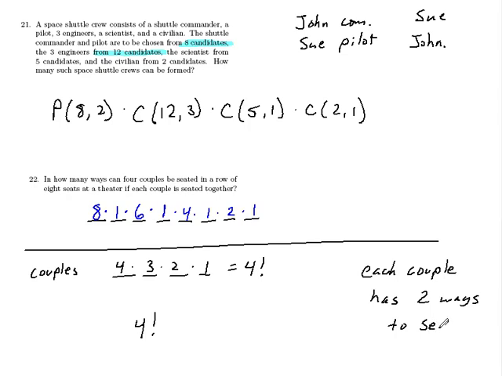So the first couple has 2 ways, so if you multiply by 2, that gets both ways that they could be seated. The second couple, third couple, and the fourth couple. So I need to take this 4 factorial and multiply by 2 to the 4th, because there are 4 different couples, and that will count all of the flips between the couples. So personally I like the top way best, but the second way is also another method to solve the problem.